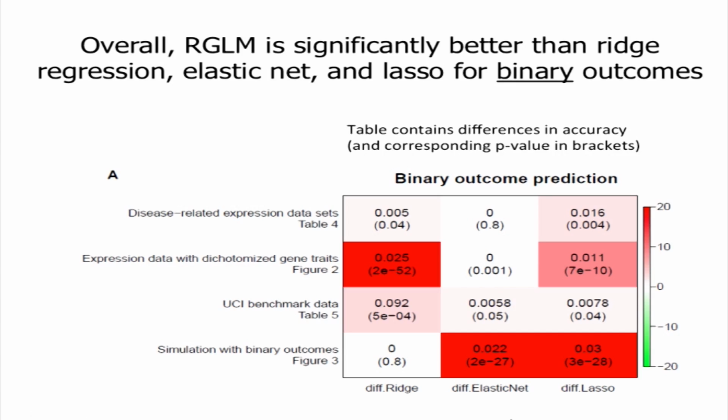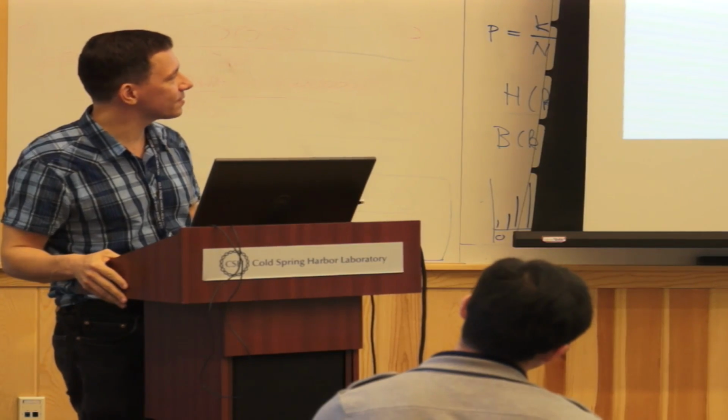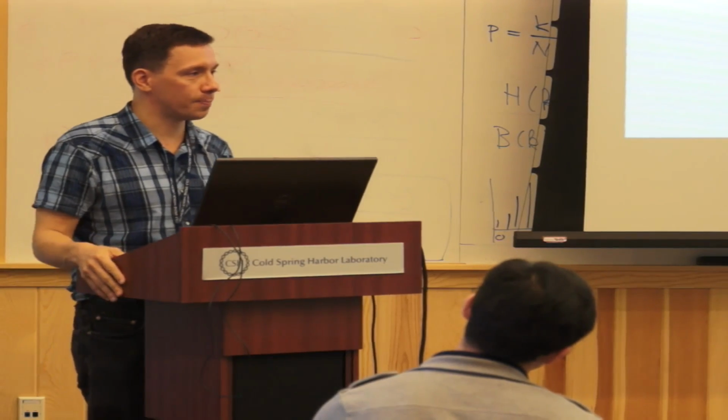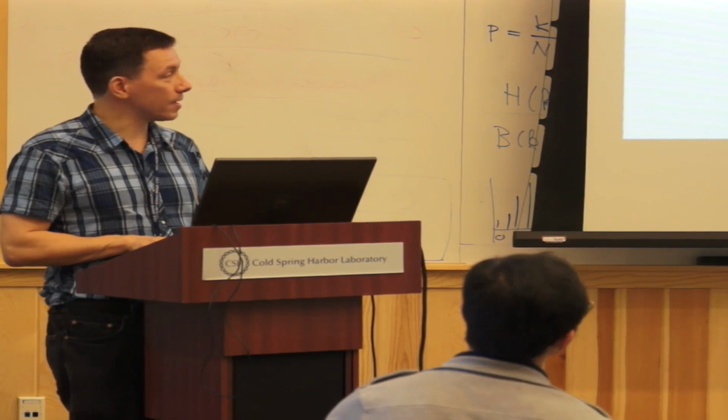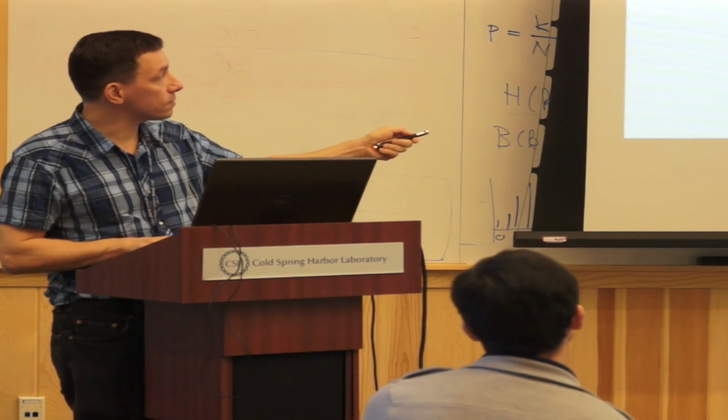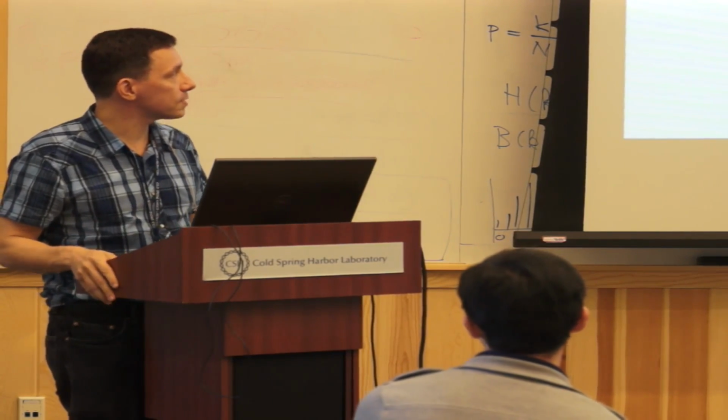The fact that all of it looks reddish or at least white means it actually did outperform on average the penalized regression models, which to me suggests it really requires additional studies to understand why it outperforms them. So that was for the binary outcome. It also outperforms on these continuous outcomes.